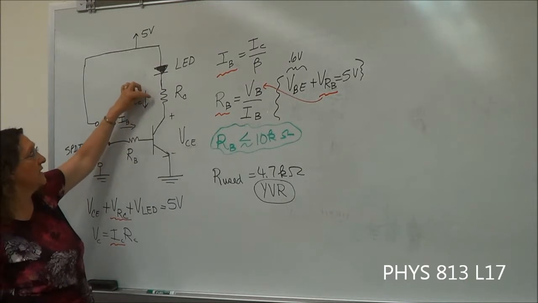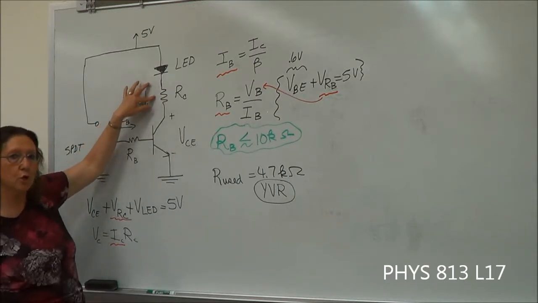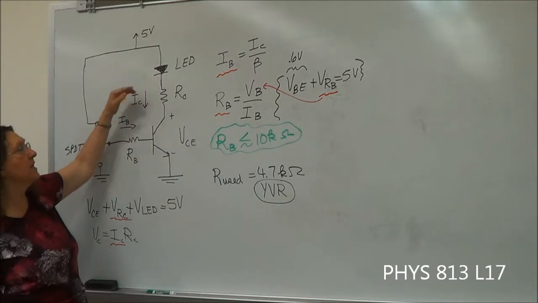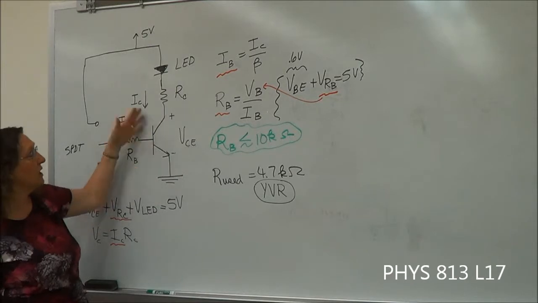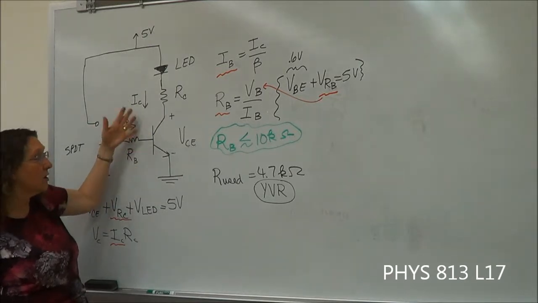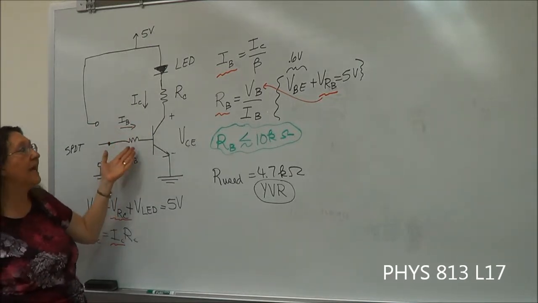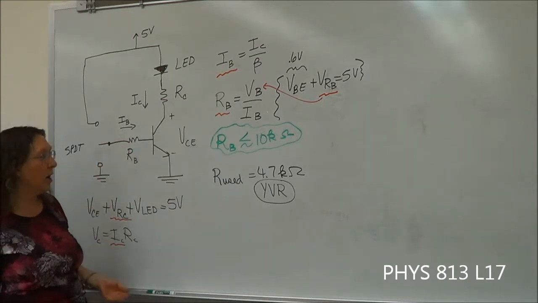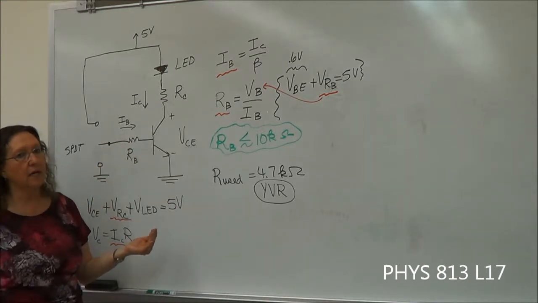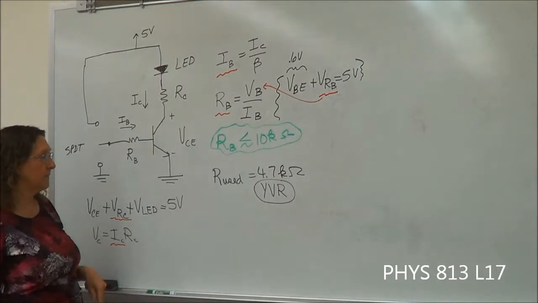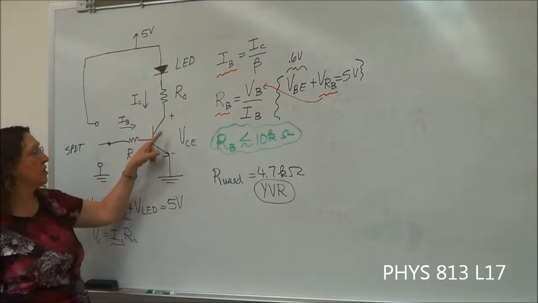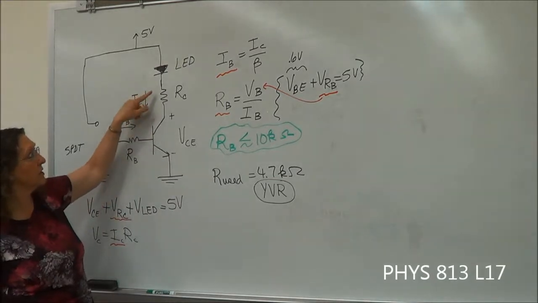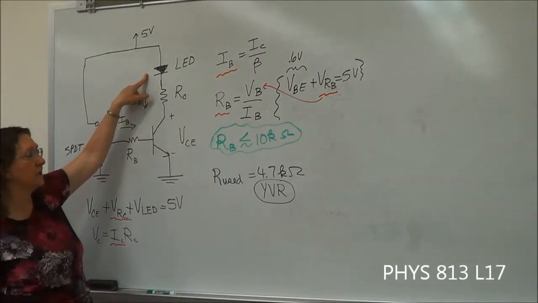But the idea is if you have a small current here, you don't have as much as you could get, and then it's not in saturation. So saturation is when you've got about all the current you can possibly get. When it's not in saturation, then it's a lesser amount. So in this circuit, we wanted saturation because we wanted a large amount of current to make sure that we could turn on the LED.